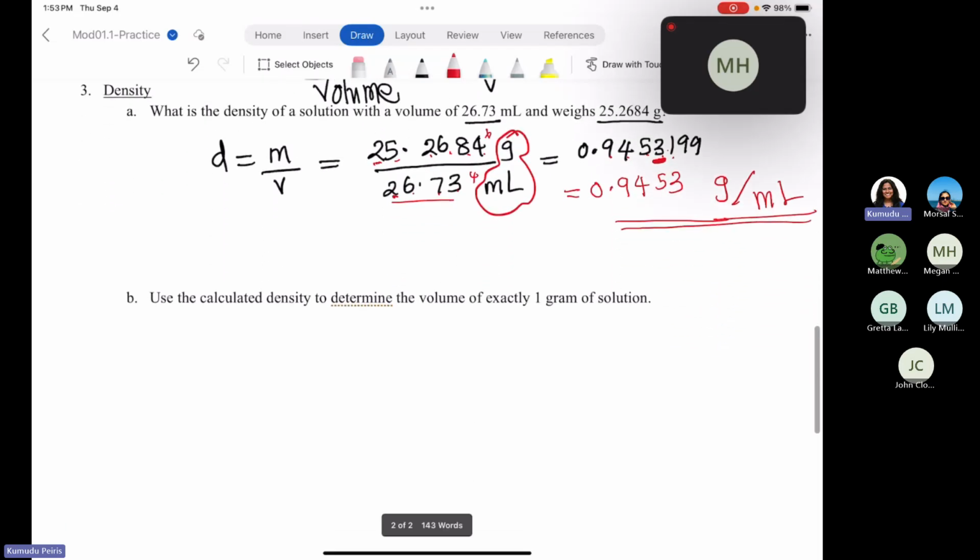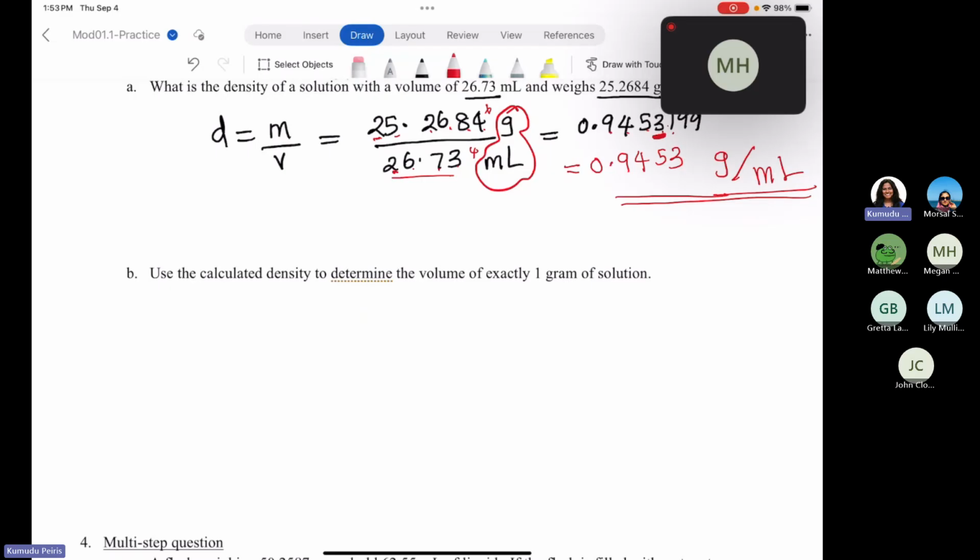Okay, the next one. Use the calculated density. What is the calculated density? The calculated density is 0.9453 grams per milliliter, right? So here, that is the calculated density. And we should determine the volume of exactly 1 gram of solution, right?